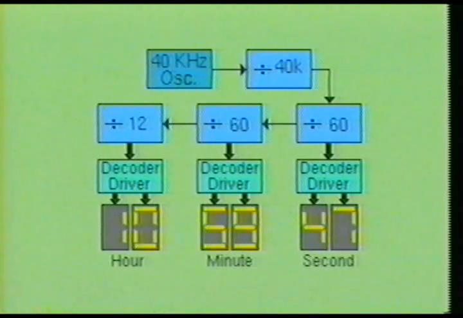This circuit also feeds a binary to 7 segment decoder driver circuit and 7-segment display. This part of the circuit is used to show the minutes on the clock. The second output from the divide by 60 counter is fed into a divide by 12 counter, which is used to show the hours. An actual clock circuit of this nature would be a little more complex than the one being illustrated, but the operating principle will remain the same.